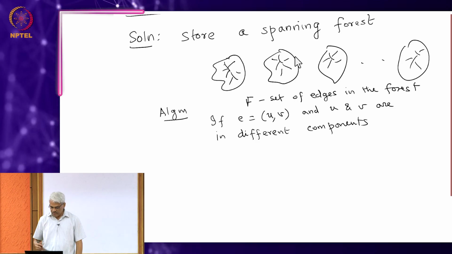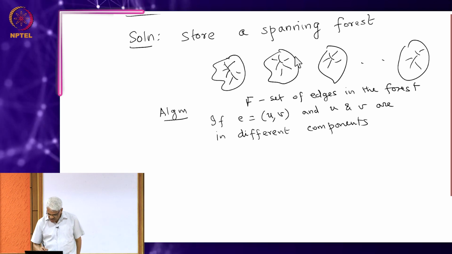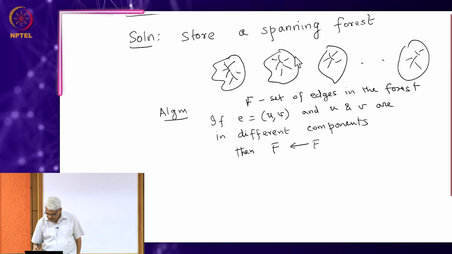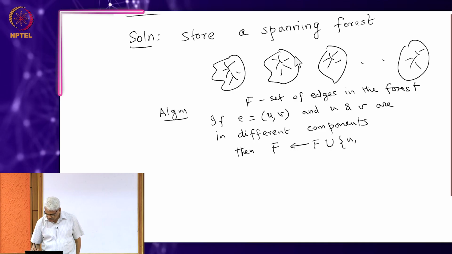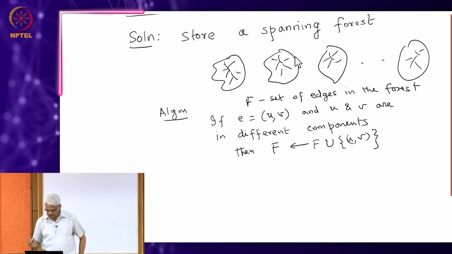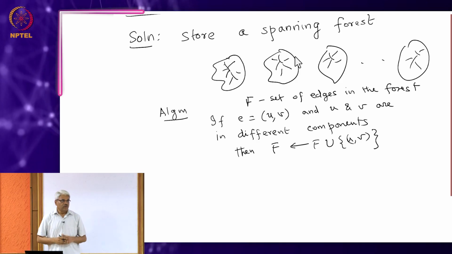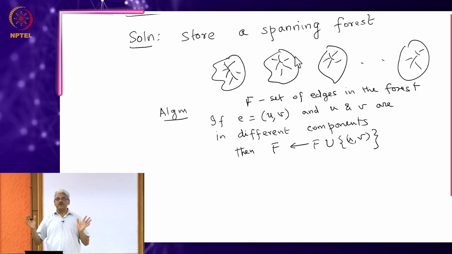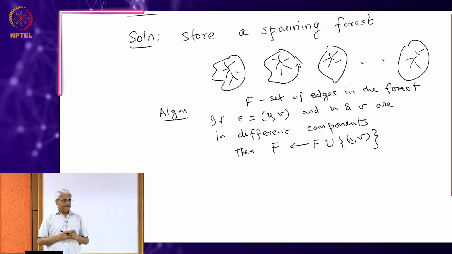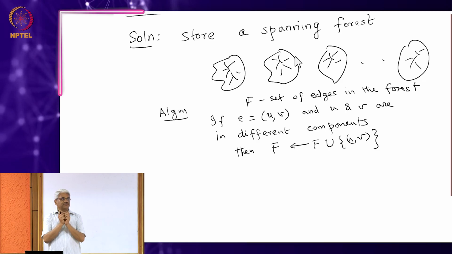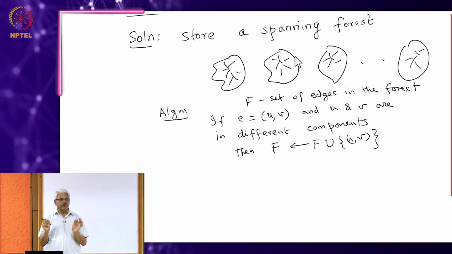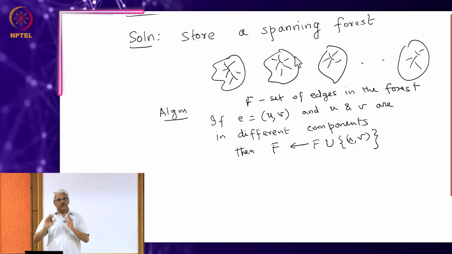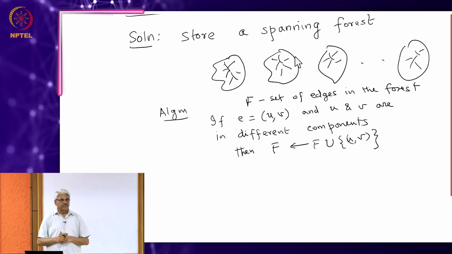I start with nothing. That's all. So what am I storing? I'm storing a set of edges in a spanning forest of the graph. Okay, and when a new edge comes, I check whether the endpoints are in different components. If so, I will add it to my collection of edges. Otherwise, I just discard it. Okay, that's my algorithm.